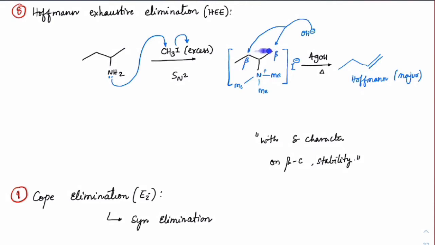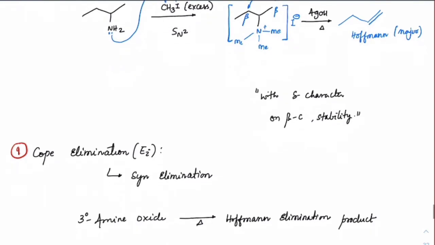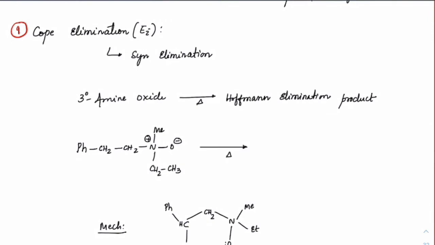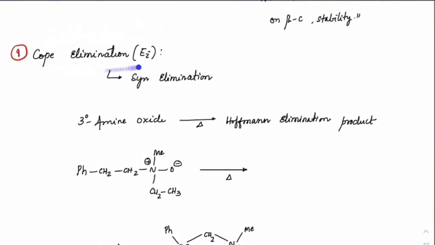You have to check which of the two beta carbons has more delta negative charge. The one with more delta negative is more stable, so OH minus will extract the proton from here, and that's how we get Hofmann as the major product. The mechanism here is driven by E2 only.